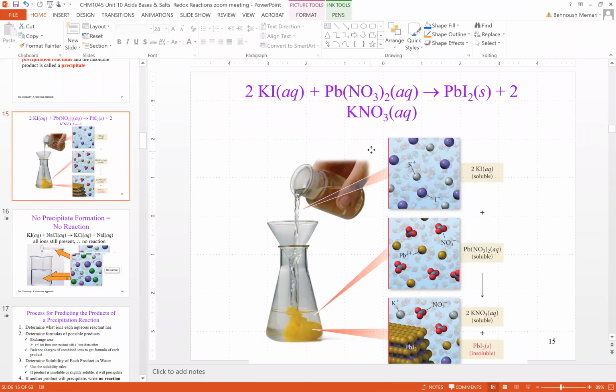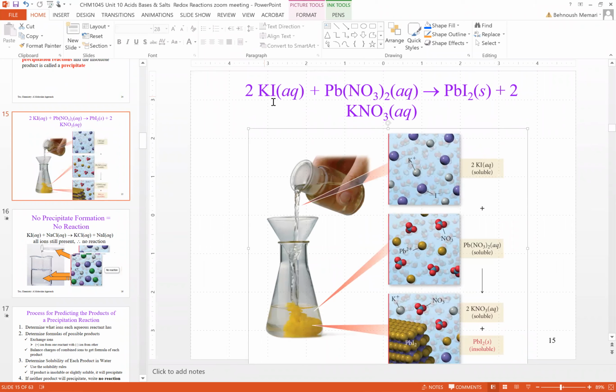So in the reaction of potassium iodide with lead nitrate, let's practice, just follow along. Potassium iodide is soluble because anything that contains potassium is soluble. Lead nitrate is soluble because anything that contains nitrate is soluble. Lead iodide is insoluble because iodides are soluble except lead iodide, mercury iodide, or silver iodide.